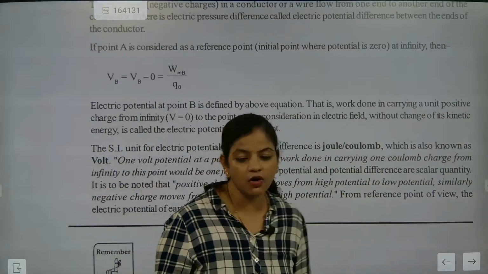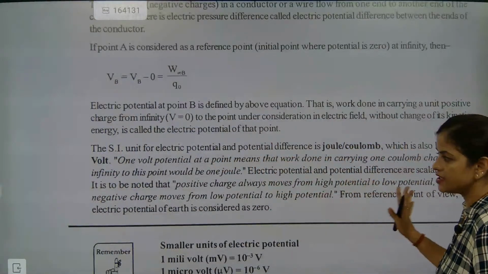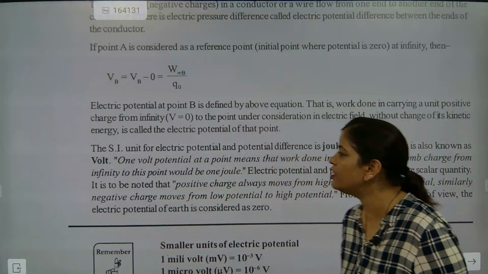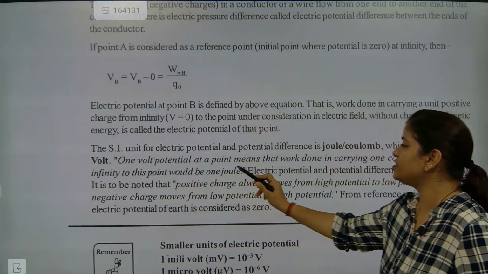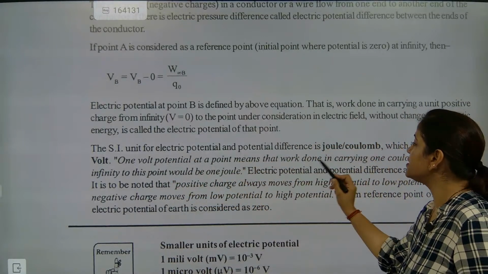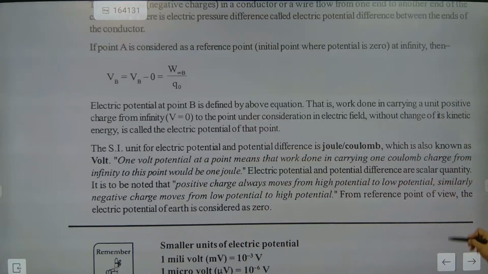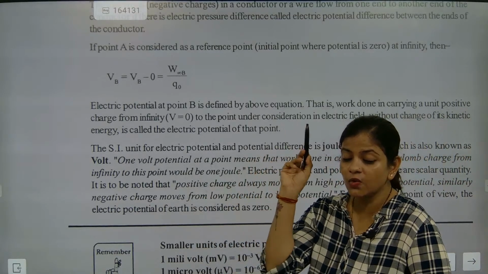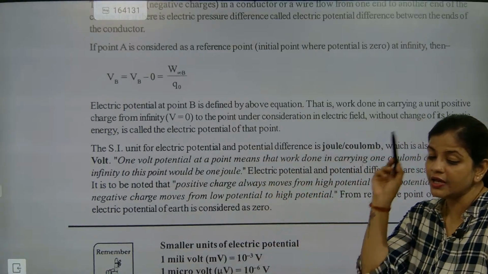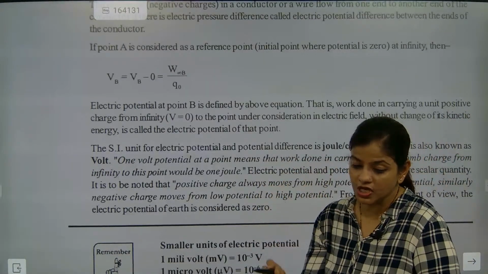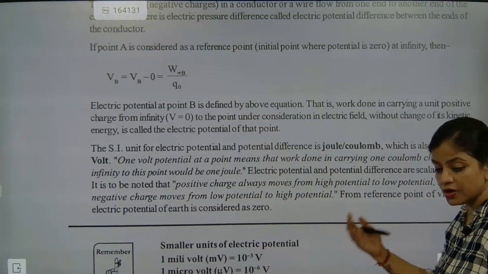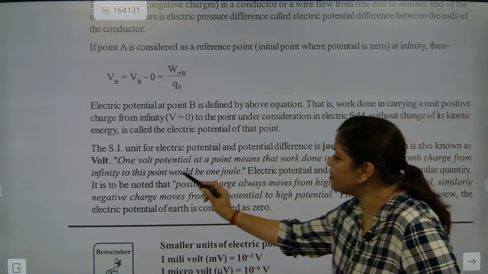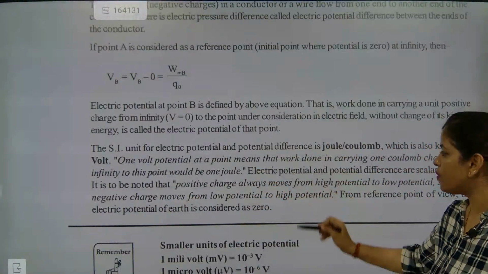So this is the definition of 1 volt: the amount of work done in carrying 1 coulomb charge from infinity to this point would be 1 joule.